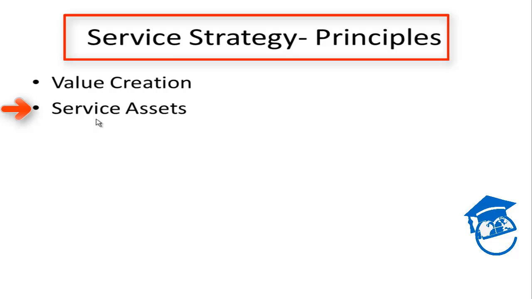And the capabilities mean the people who have acquired these skills, the organization that has acquired these skills, that can use the resources to deliver or produce the value for the customer. So these are the two important principles of service strategy: value creation with the help of the utility and warranty, and the service assets with the help of the resources and capabilities.